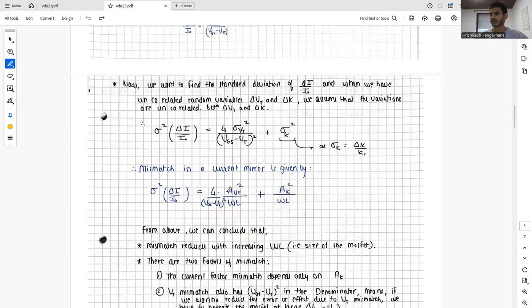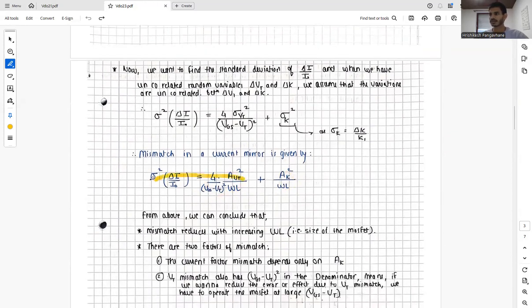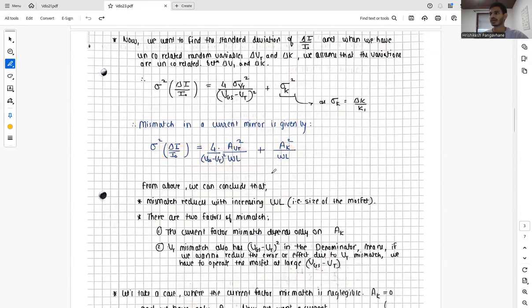And from this equation, what we can say is mismatch reduces by increasing the width times length, or basically the size of the MOSFET.